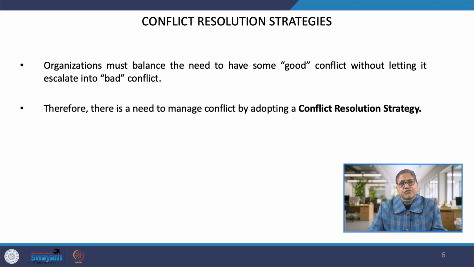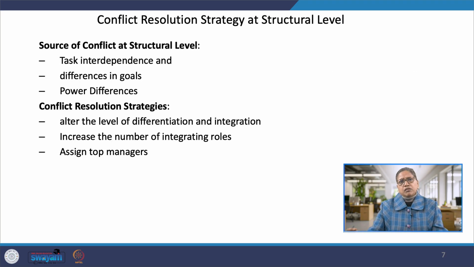The choice of conflict resolution strategy depends on identifying the source of the problem, and conflict at the structural level occurs due to task interdependence, differences in goals, and power differences.